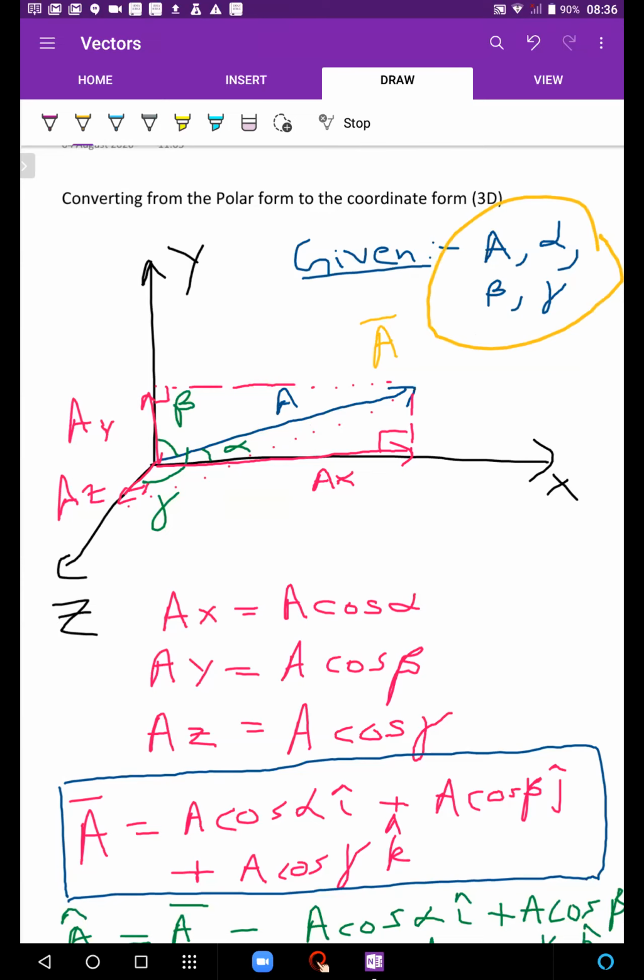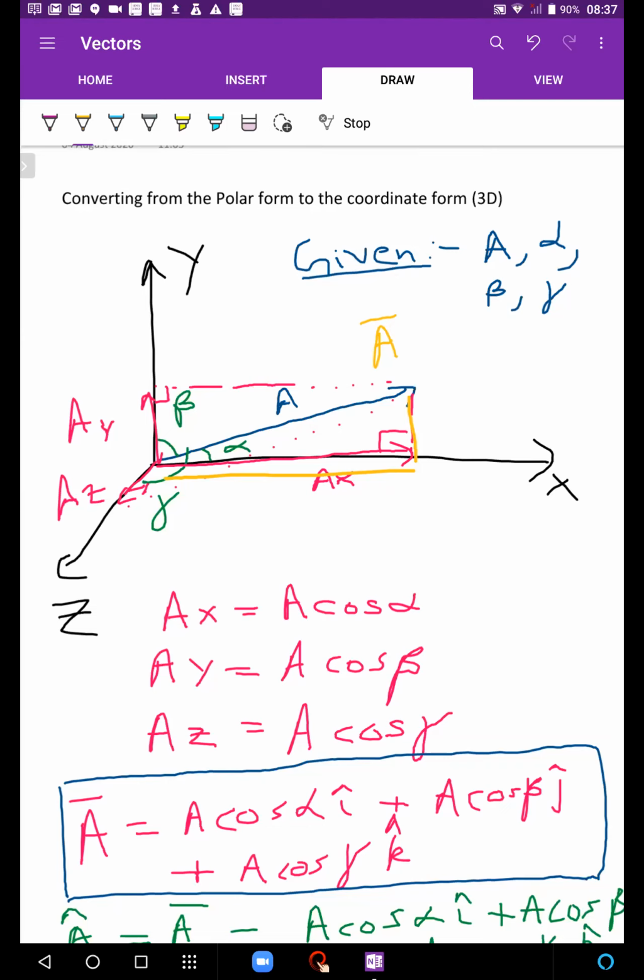Now, to get the x component of that vector, I need to drop a perpendicular to the x-axis, and I need to find its component in the x direction. But what is its component? What is its part along the x-axis?